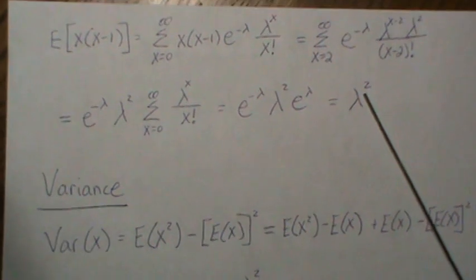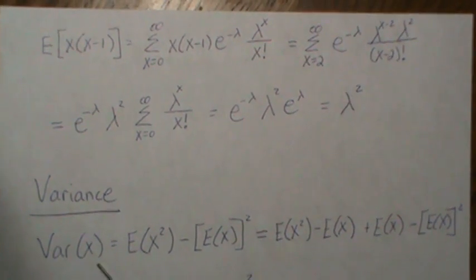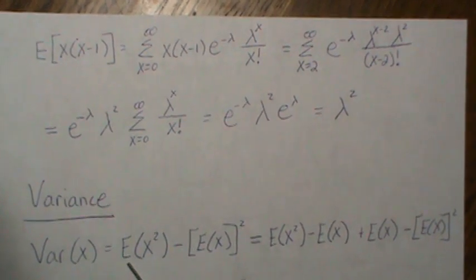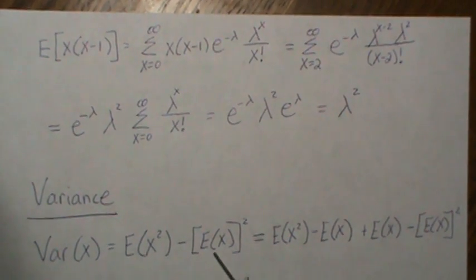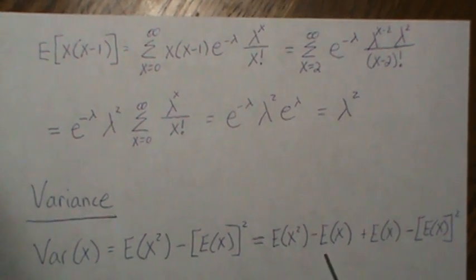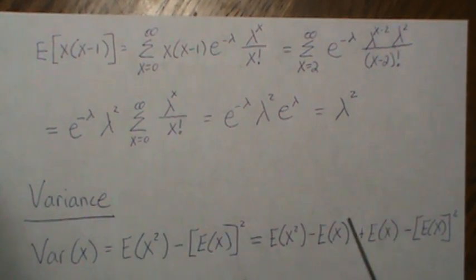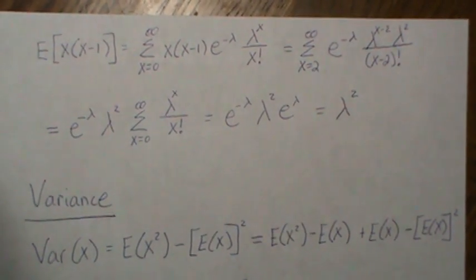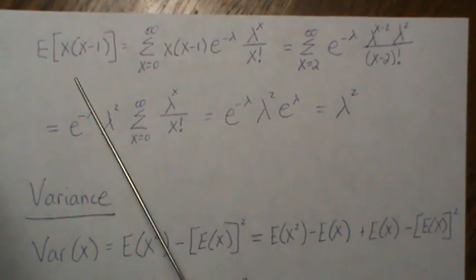So to look at the variance of X, it is the expected value of X squared minus the expected value of X, quantity squared. But to this, let's subtract and add the same thing. So we're adding 0 to this equation, but this right here is what we calculated here.